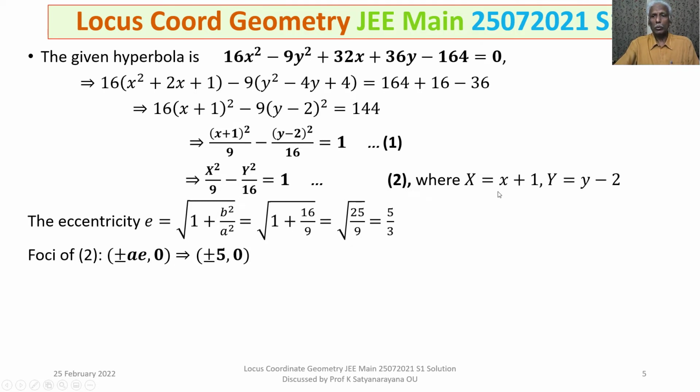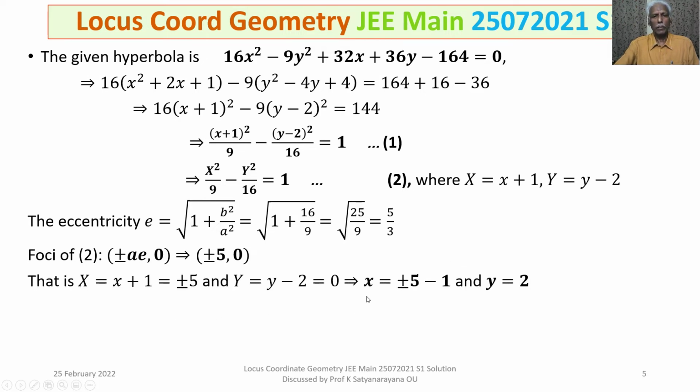In the equation 2, capital X is x plus 1, capital Y is y minus 2. So therefore the foci is given by plus or minus 5 comma 0, that is to be written as x is equal to plus or minus 5 minus 1, and y minus 2 is equal to 0, that is y is equal to 2.